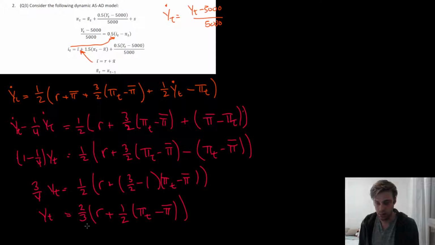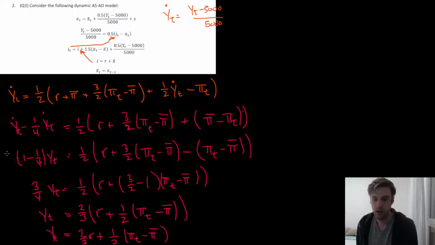Okay, and then I'll just factor through the 2/3. So I get 2/3 r plus, and the 2 and the 2 cancel, so I get 1/3 pi t minus pi bar. Okay, and that's yt dot. We don't get to draw a box just yet, but we do get to move on to the next part, which is solving for pi t itself.